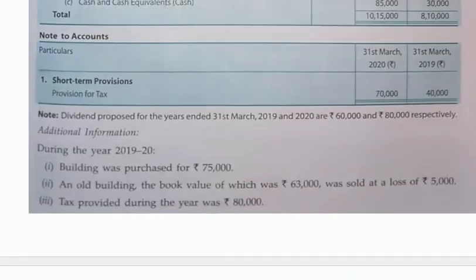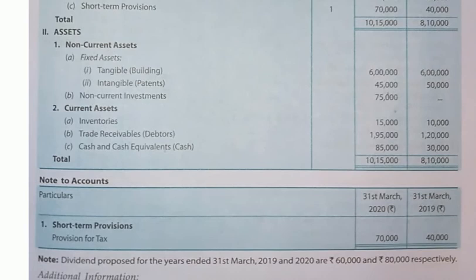Now let us go back to the question and see what is our next non-current asset. It is given intangible patents, and it was having previous year amount 50,000, current year it is 45,000. Decrease in patents is just like decrease of goodwill, which is known as patents amortized, or you can say patents written off.